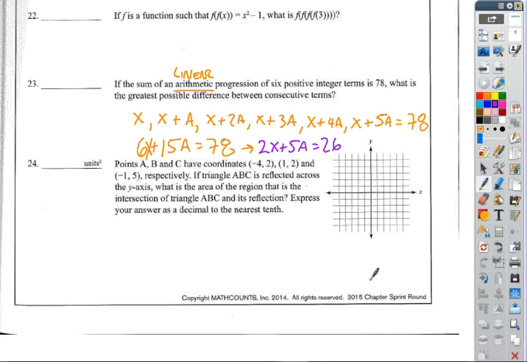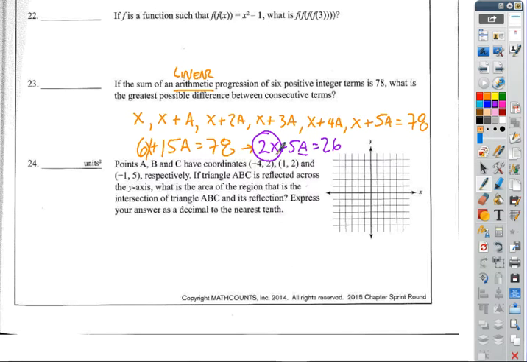All right, and so looking at this, I know that my a value is going to have to be multiplied by 5, right? And so that means that whatever I substitute in for x here, I'm going to have to get something that is then subtracted from 26 to get me a term that is divisible by 5.